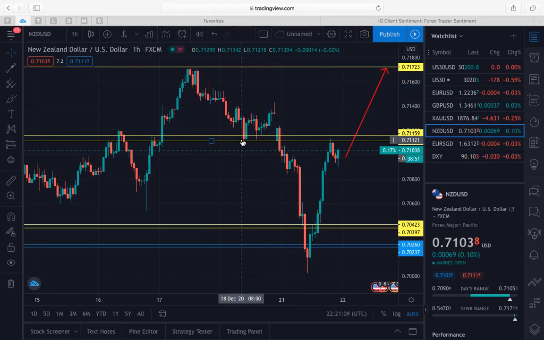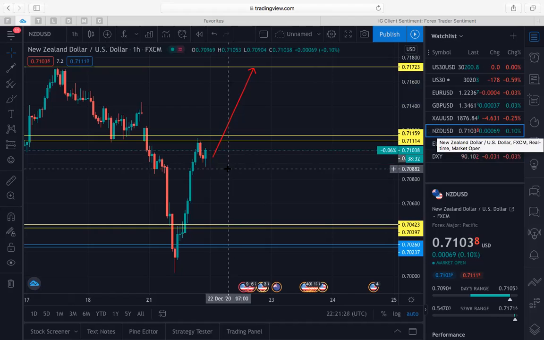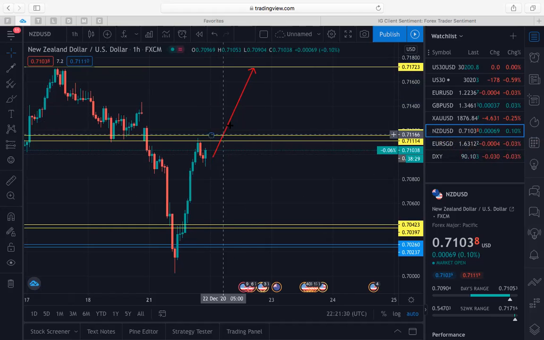But coming in tomorrow, I'll be waiting for a little pullback. Now, there might be a pullback, they might not. But if I'm trading and I feel I don't want to wait till the US open, because NZD is open right now. So if there's activity on the New Zealand dollar, there will be a very sharp buy before I wake up.